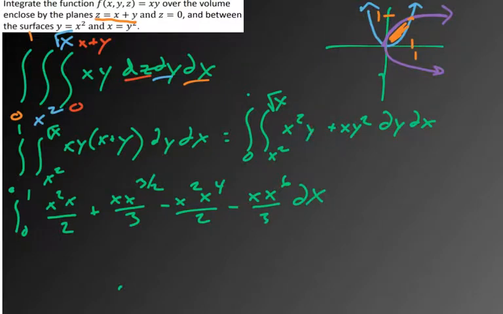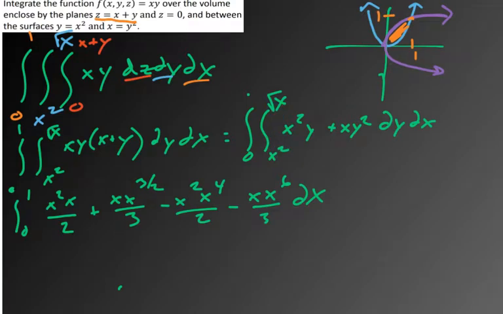Trust me: raise that to the power, divide by it, raise this to the power, divide by it. You can see I've got this one over 2 and this one over 3, and then I'm subtracting the other one once I plug in those bounds.